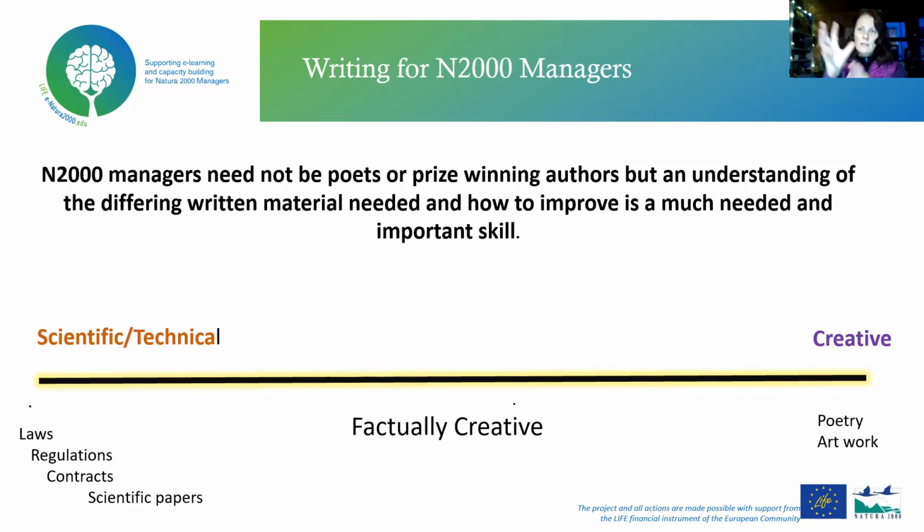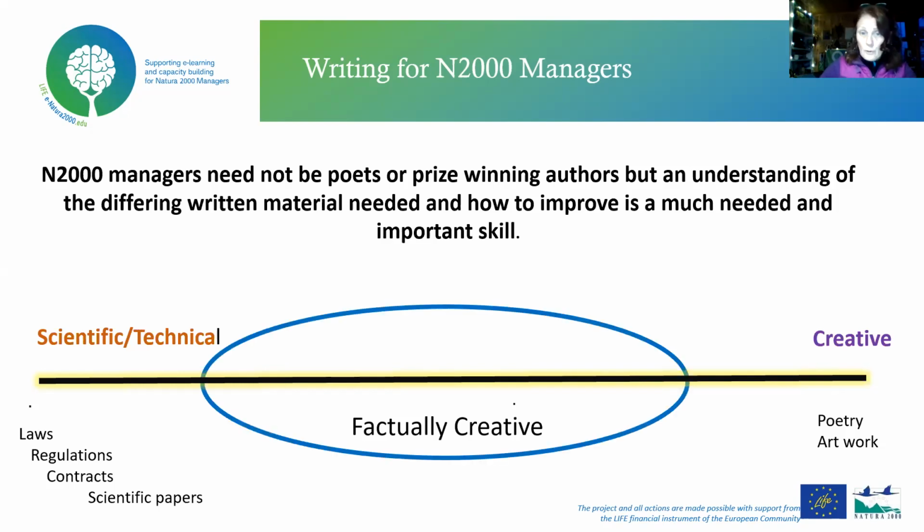It brings together the literary styles of the creative aspects and brings those techniques to present factually accurate narratives about real facts and figures and things that are on our sites. So that's the area that I think we particularly need to focus on for our writing skills, although I will be dealing with scientific and technical writing and creative writing in other mini modules.